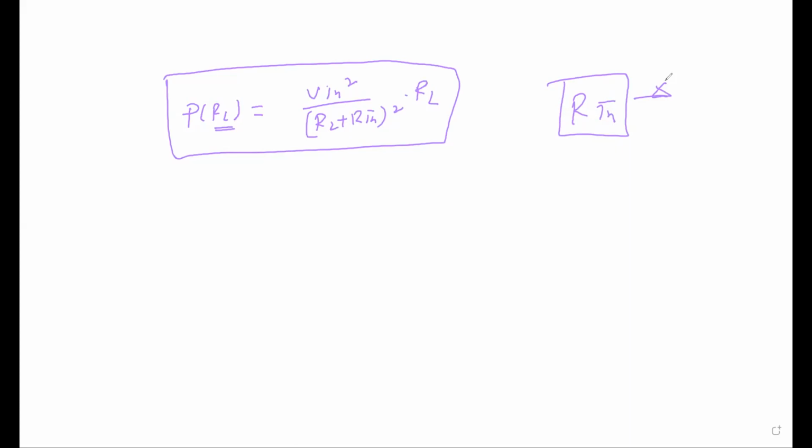If your network contains some other variables, then those variables will come with R_TH. If those variables come with R_TH, that will also affect the R_L at which your power will be maximum. For this reason, you will see that the power P would become a function of many variables. Okay, we'll discuss later.